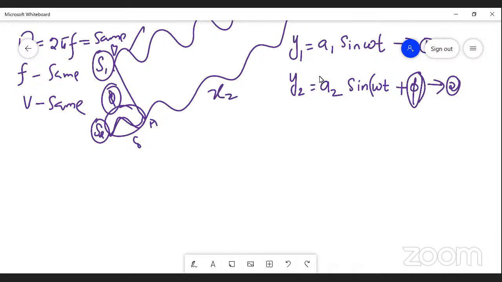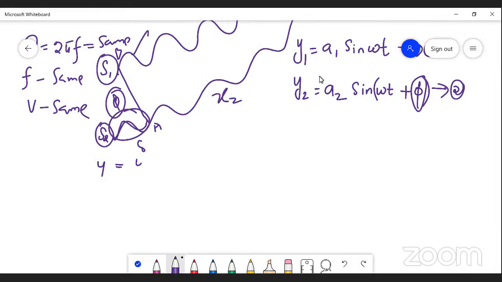Y is equal to the sum of the two waves, so y1 plus y2. What is the y1 value? Y1 is equal to A1 sine omega t.